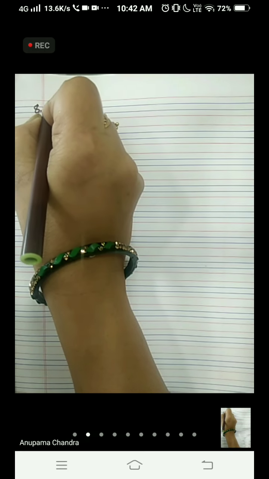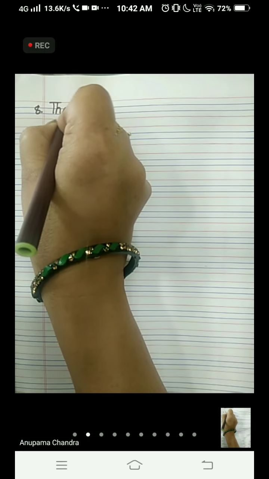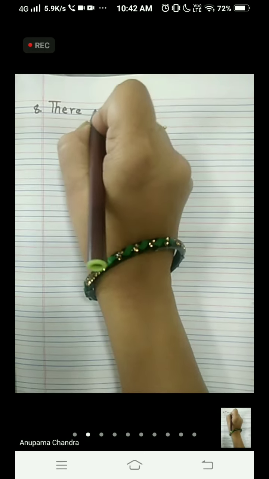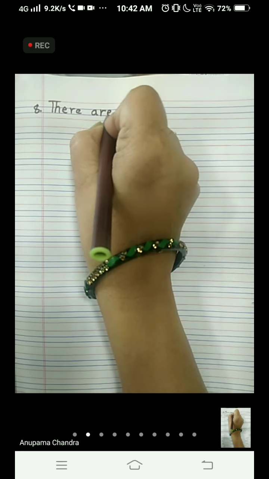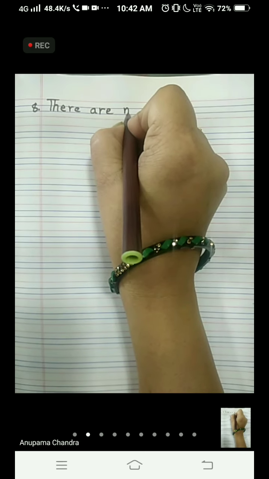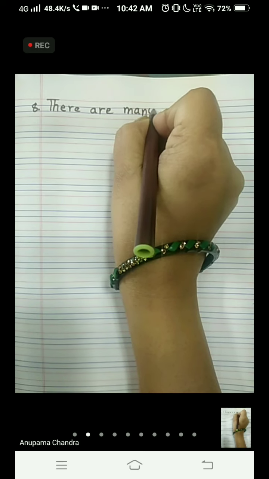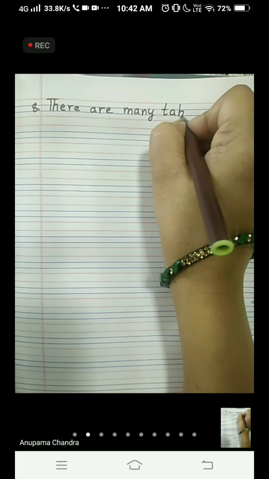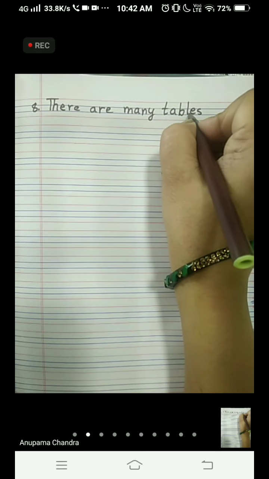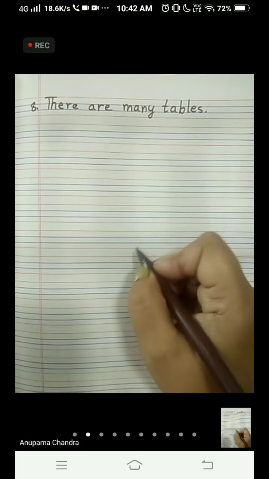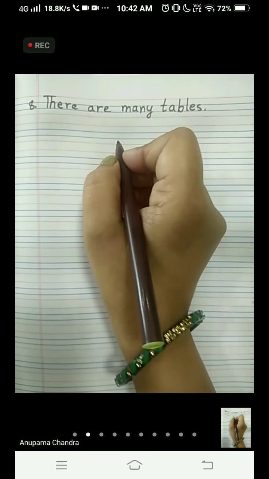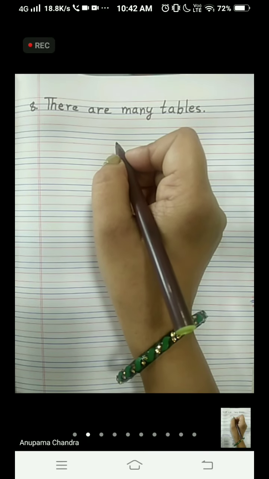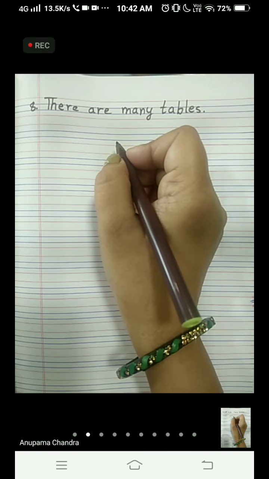So our next sentence, that is 8th one, is, there are many tables. Okay. How many tables are there? 1, 2, 3, 4, 5, 6 I can see over there.